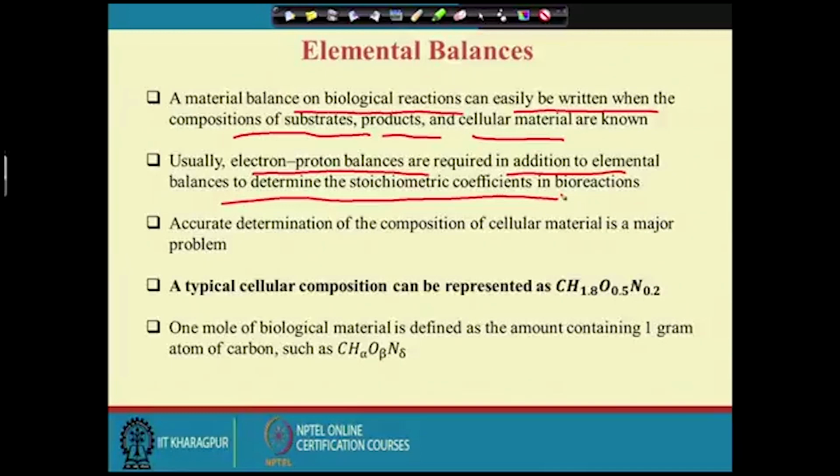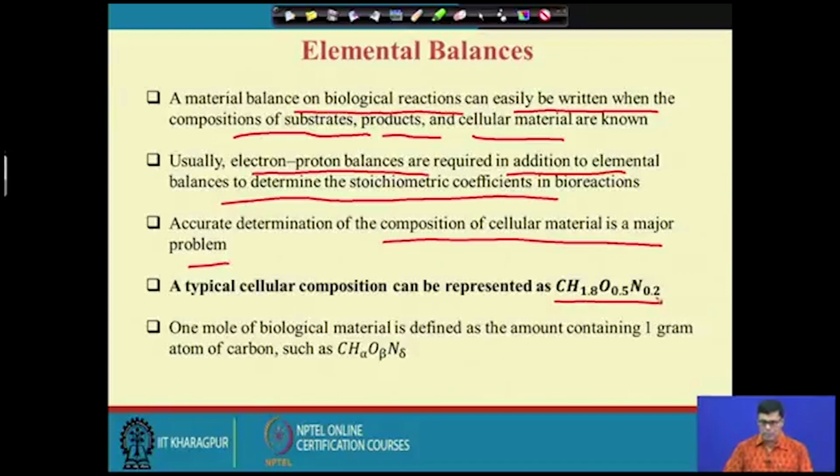This is very interesting. Today, determination of the cellular composition is the major problem. So what we usually do is assume a cellular composition of the biomass. This is CH1.8O1.05N0.2.